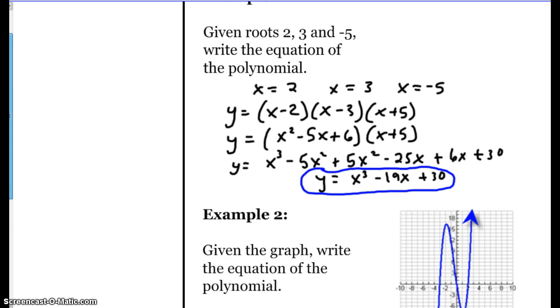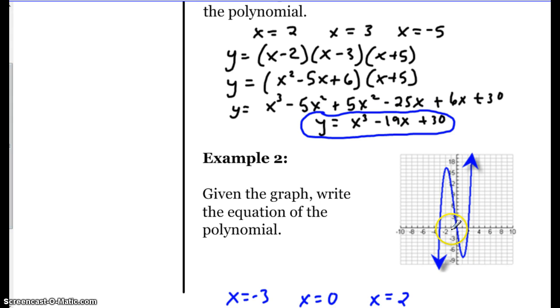Our second example, we had to pull out our roots this time. They're given the graph, and we write the equation of the polynomial. So this 0 is at -3, this one is at 0, and this one's at 2. So that's our first step, just writing them down as solutions.